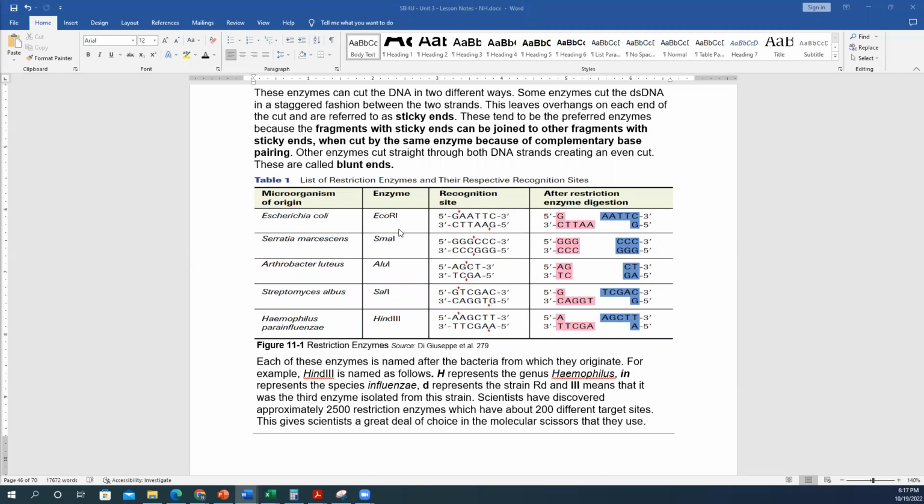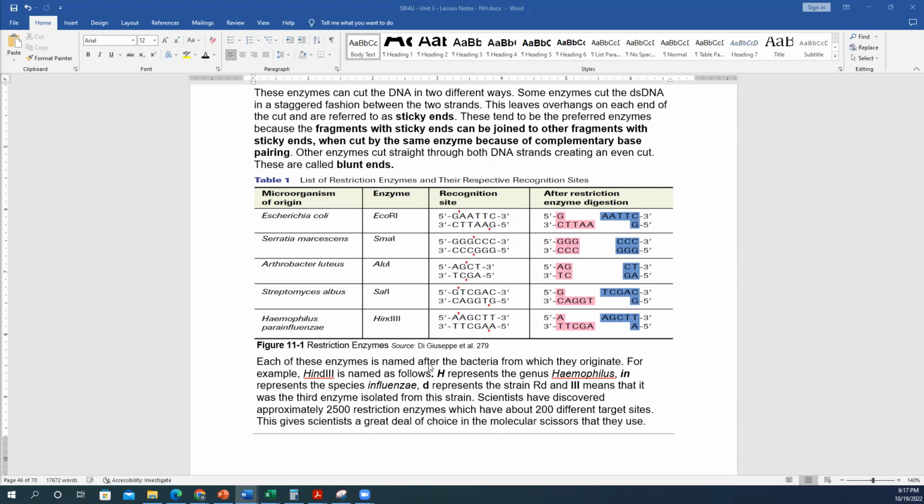Scientists have now isolated many different restriction enzymes. As a scientist working in the lab, there are catalogs of these restriction enzymes available at your disposal as a tool to use. You have a huge range of these in your laboratory's freezer, and if there are any specific ones you want, you can buy them from companies that sell them.